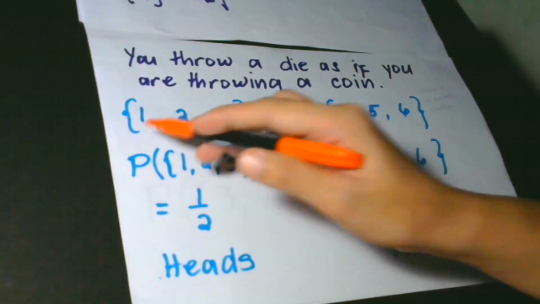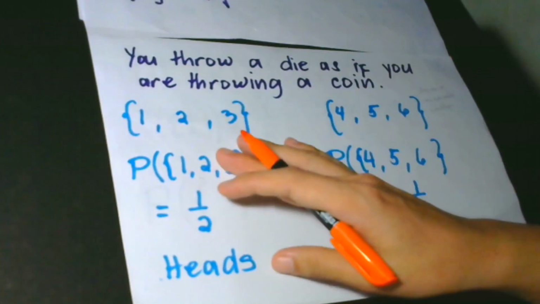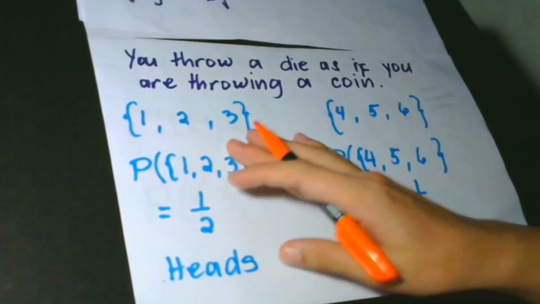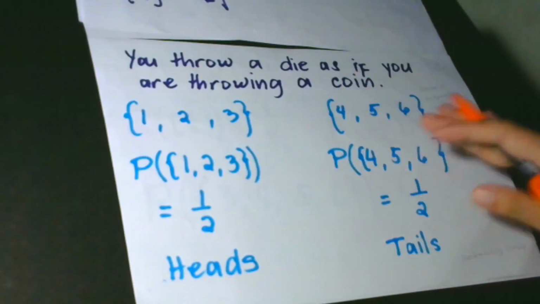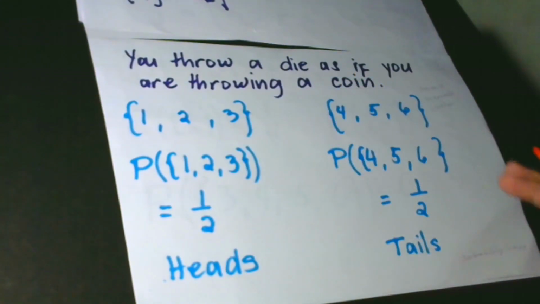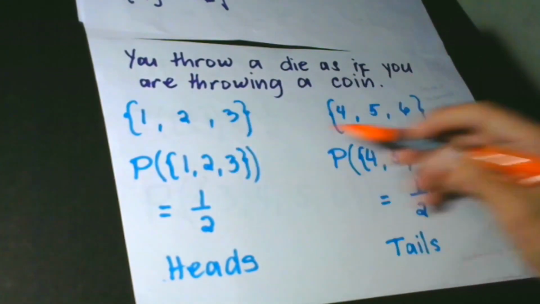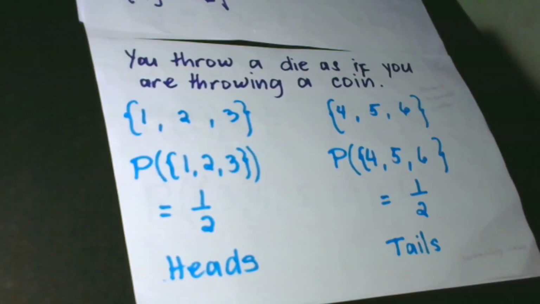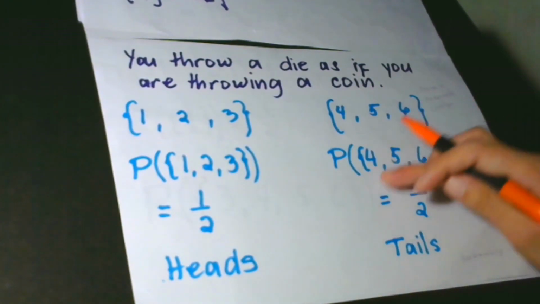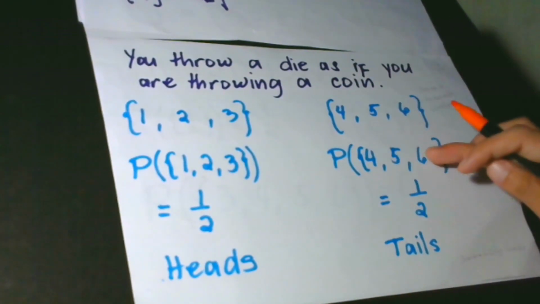Because the sets have the same number of elements, we can therefore say that they have the same probability measure. Again, we have 3 elements here, and 3 elements here, so they have the same probability measure.